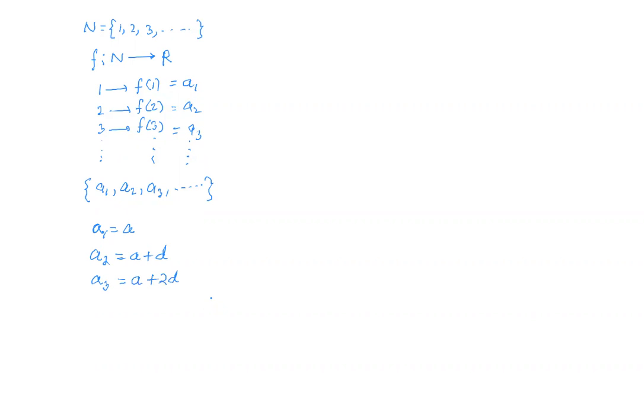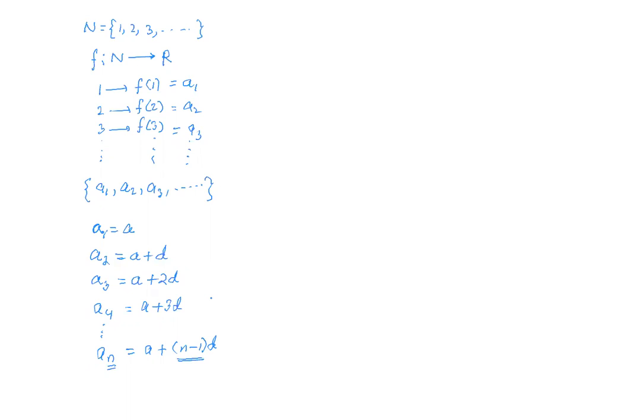That means you're increasing the difference every time. A4 is equal to A plus 3D. And you can go on like this. AN is equal to A plus n minus 1 times D. So note, this goes to n minus 1, and here the subscript is n.